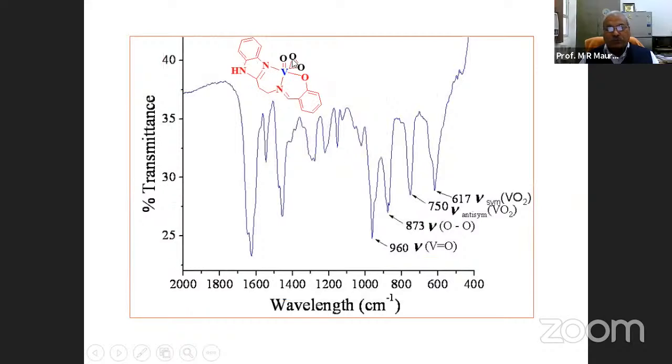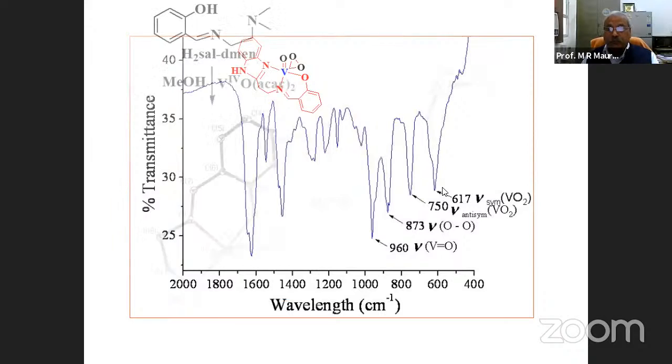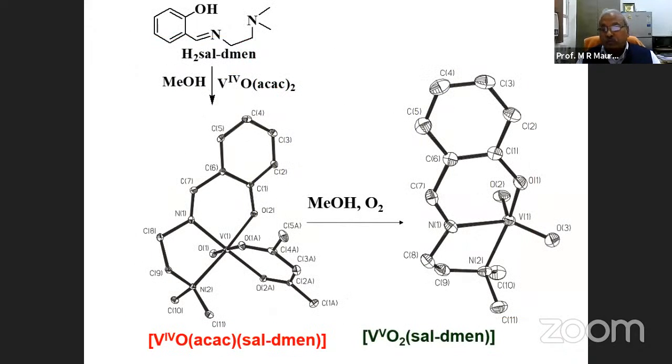If you go to peroxo, then there is only one nice peak in the oxo region, and the peroxo signals come at this point. All are identified and assigned. So this way we could prepare very nicely a good structural model of the haloperoxidase.